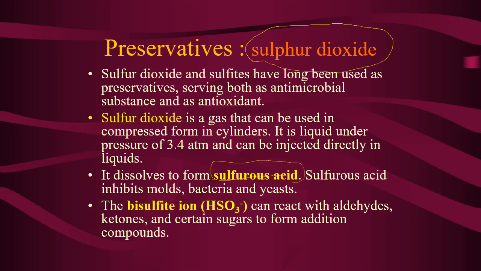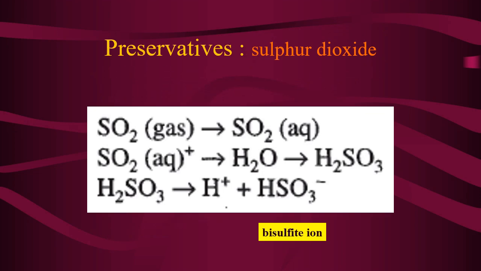After that, the bisulfite ion produced can react with aldehydes, ketones, and certain sugars to form addition compounds. This is the chemical reaction of sulfur dioxide. Sulfur dioxide in gas form, once mixed with water, gives you sulfurous acid.